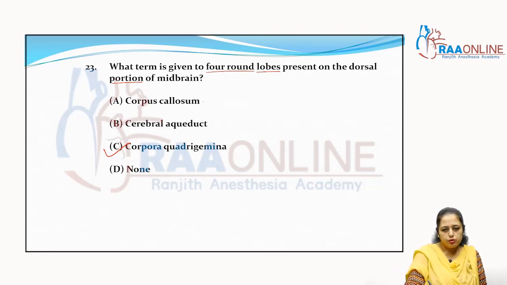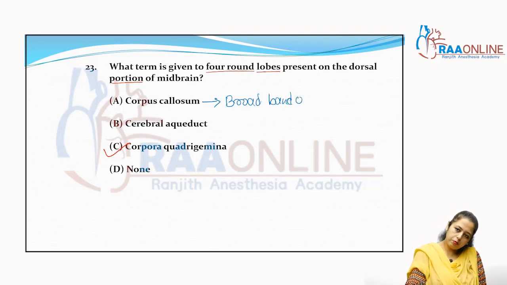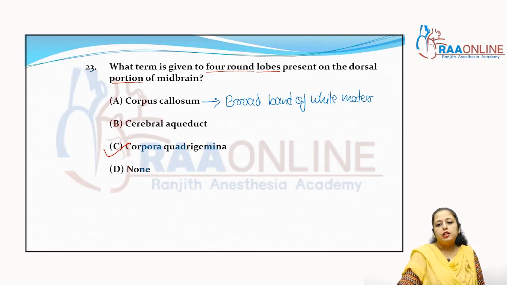What is that corpus callosum? The corpus callosum is the broad band of white matter, right? It is the broad band of white matter which connects the cerebral hemispheres from inside, right?